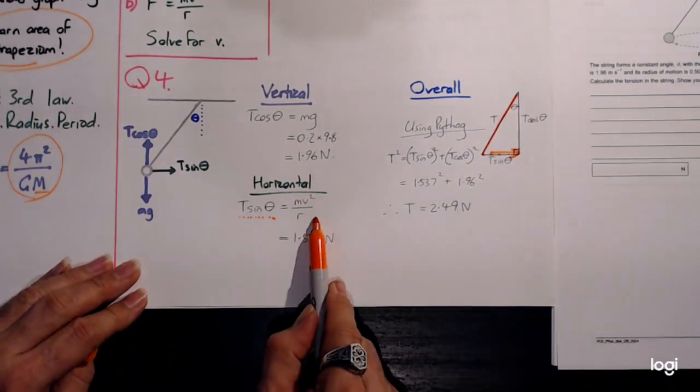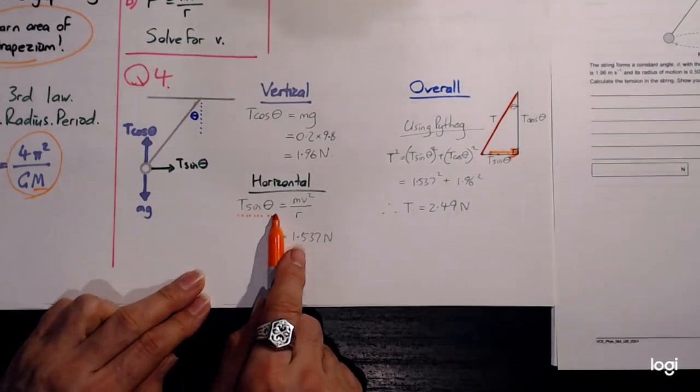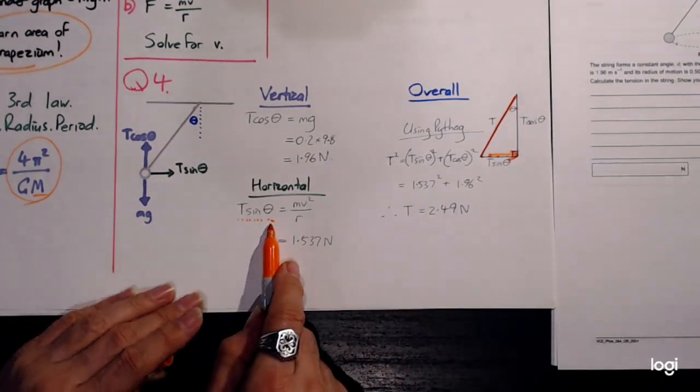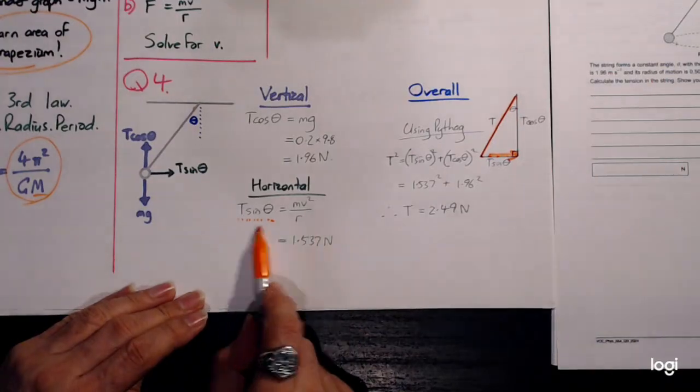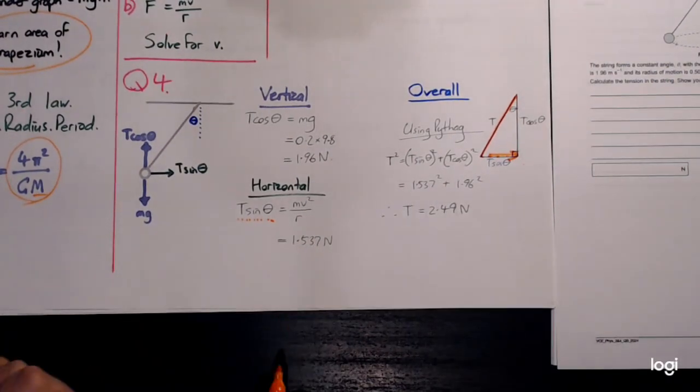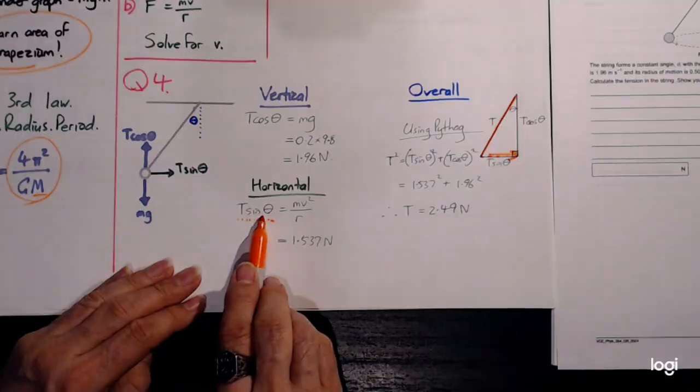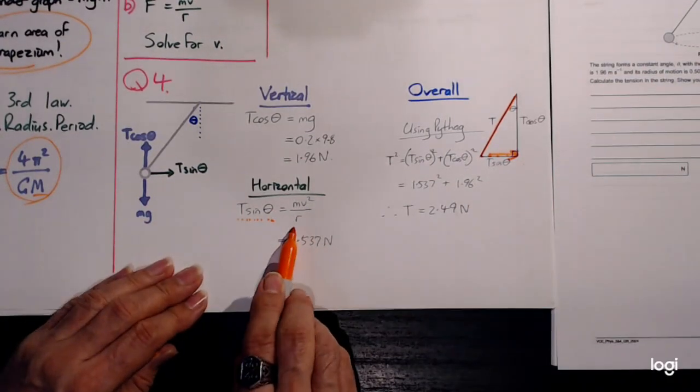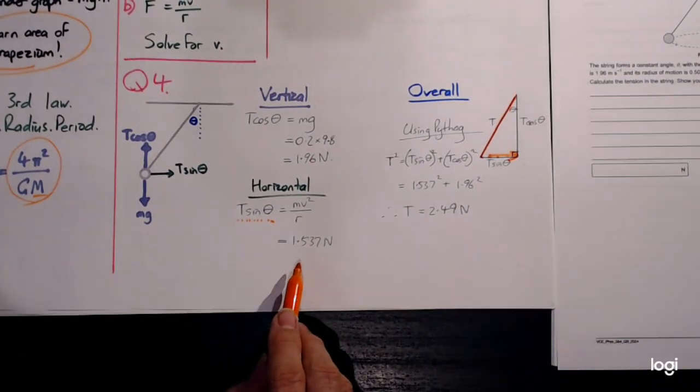The old circular motion formula. If that force is causing a circular motion, it's mv squared on r. So you can solve that to find out how much force it is. You don't know T and you don't know theta, but you know those three, so you can figure out what that is.